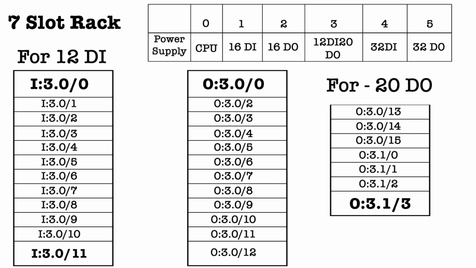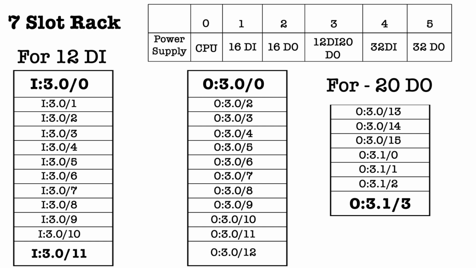Similarly, for slot 5, the addressing will be O colon, since the slot is 5, so it will be O:5.0/0 to 0/15, and for the next 16 it will be O:5.1/0 to 1/15. So like this, we can cover the 32 digital outputs.